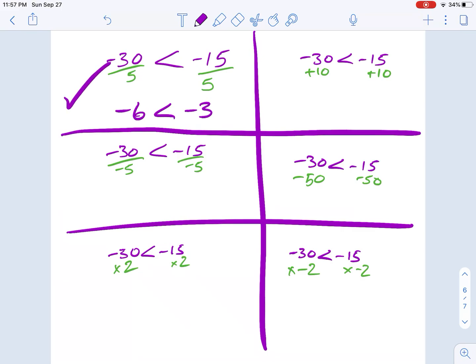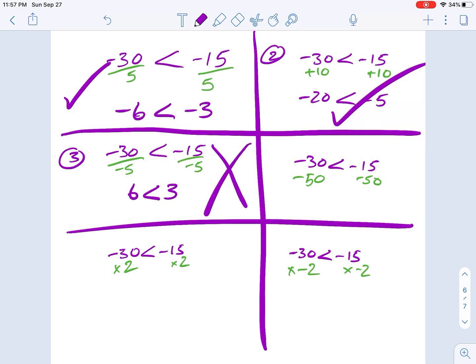Cool. If I add 10 here in the second example, I'd get a negative 20 is less than a negative 5. Is that still true? Yes. If I divide by a negative 5, I would get a 6 is less than a 3. Is that still true? No.